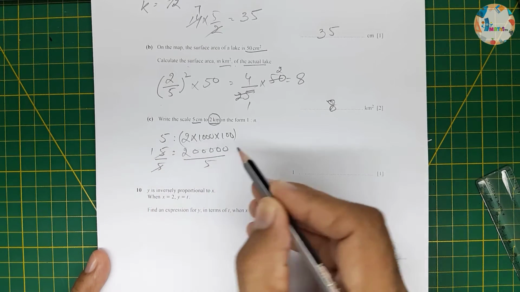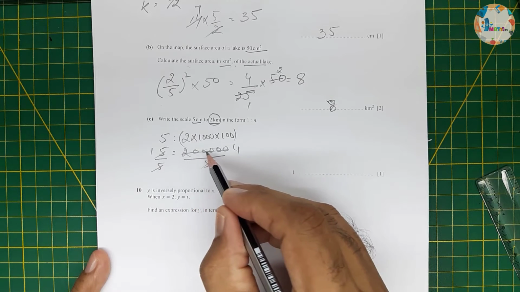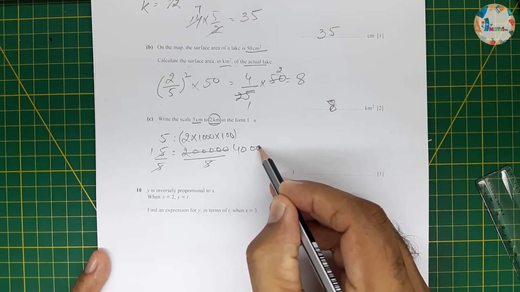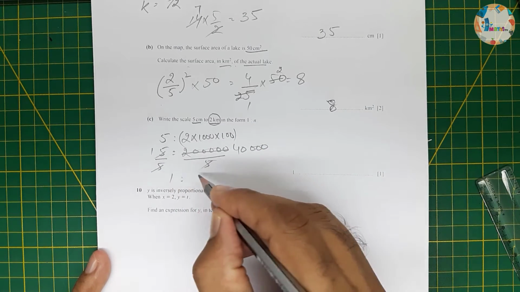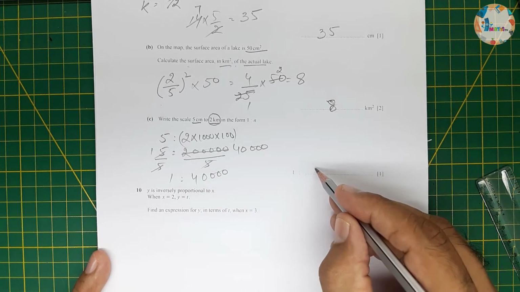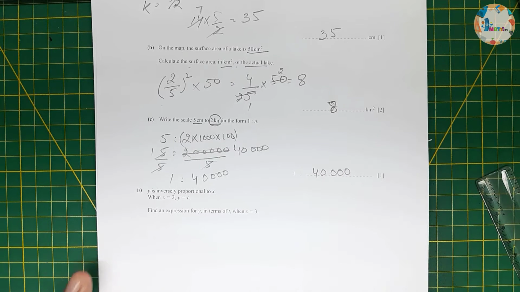This will be 5 ones are 5 and this will be 5 fours are 20 and 4 zeros will be there. So now we can write it as 1:4 with 4 zeros. So 4 with 4 zeros, this will be our final answer.